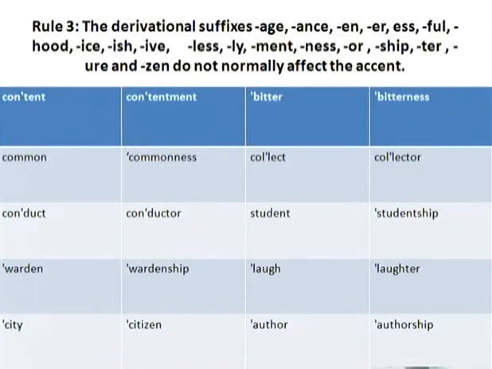Collect, collector. Please remember, you listen to the accent and know where the stress of the word is coming. Collect, collector. Conduct, conductor. Now again, conduct has two different pronunciations which give us two different words. For example, if I say conduct, meaning to make something happen. He was conducting the orchestra.